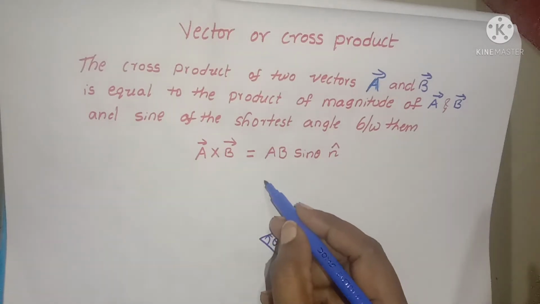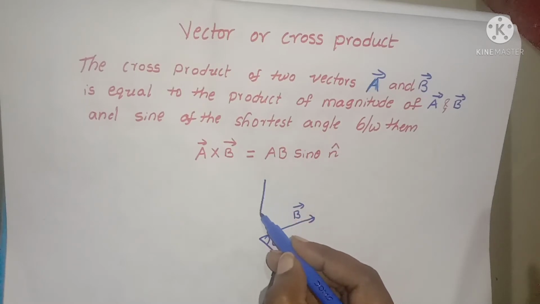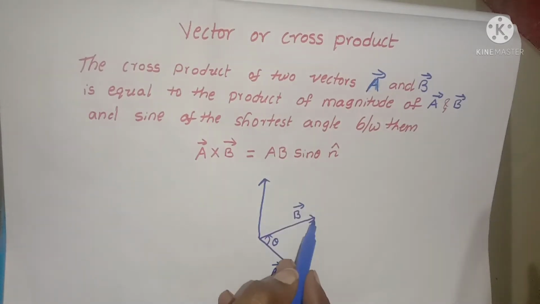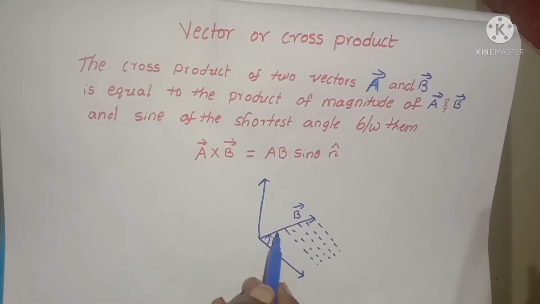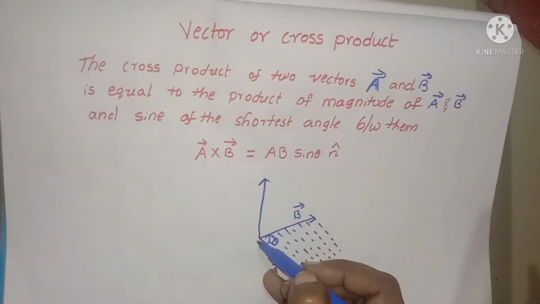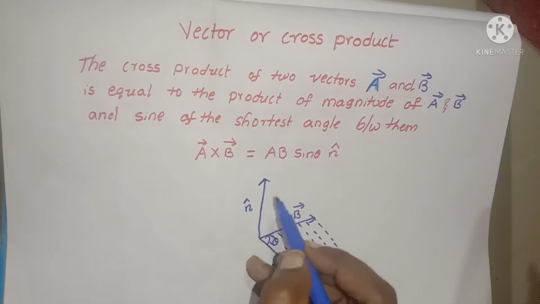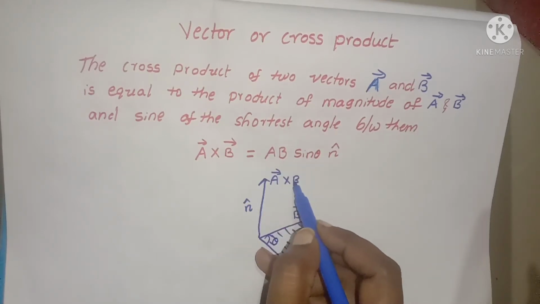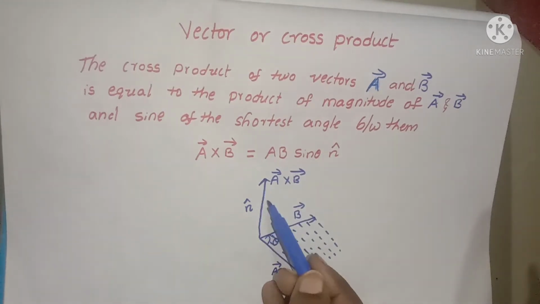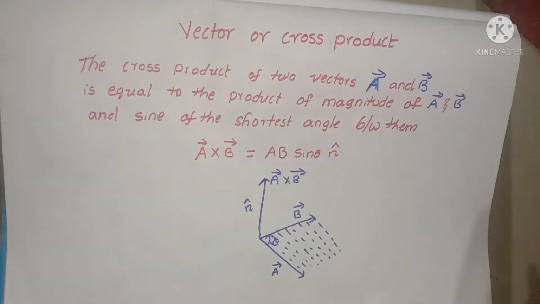This is normal to the plane of the a bar and b bar, the a vector, b vector plane. So for this plane, this n cap is perpendicular. So this n is in the direction of a cross b. So this is about the n cap.